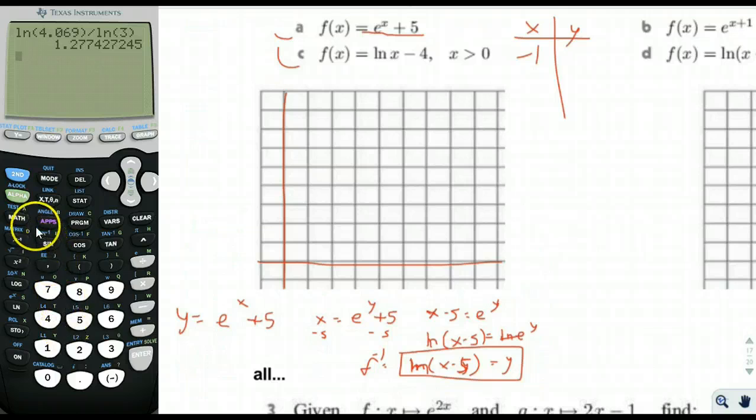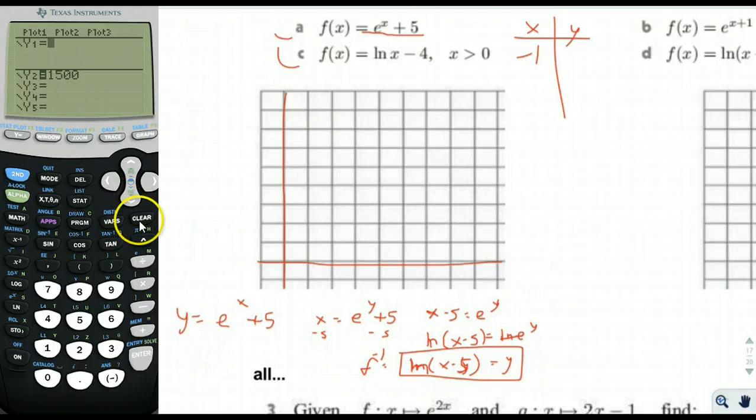If we're using the calculator, we would just enter the function, e to the x, which is second natural log, and we'll put x, and then we'll add 5.